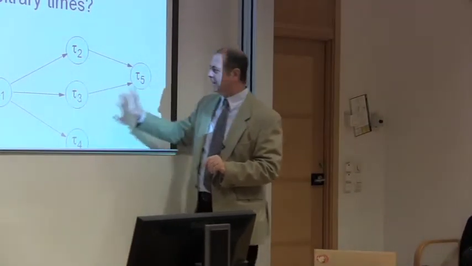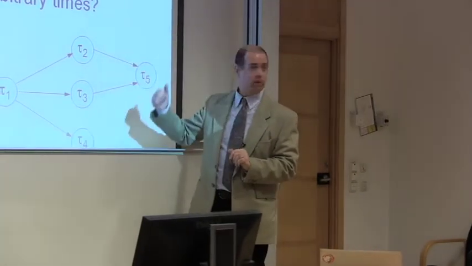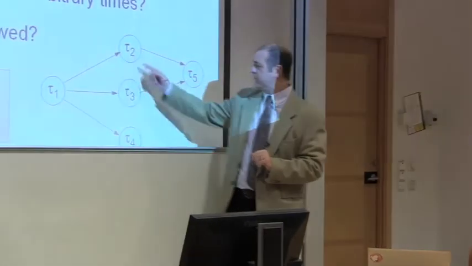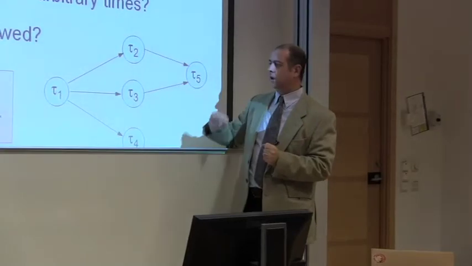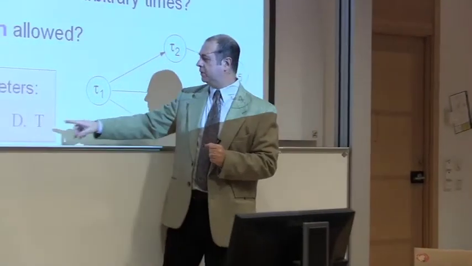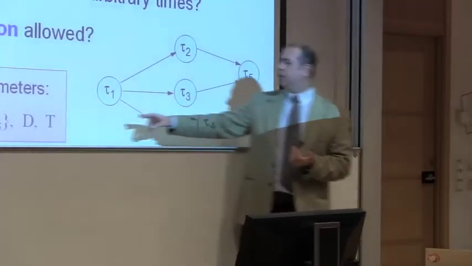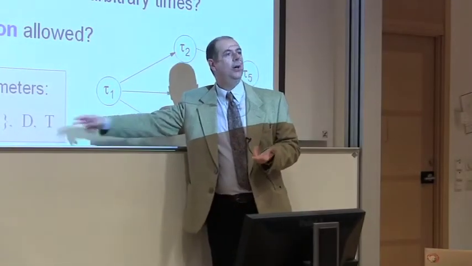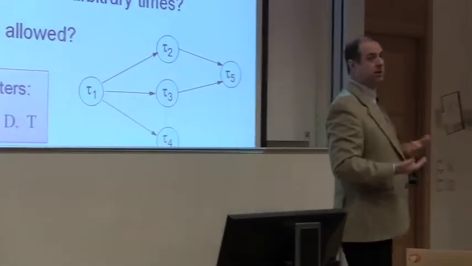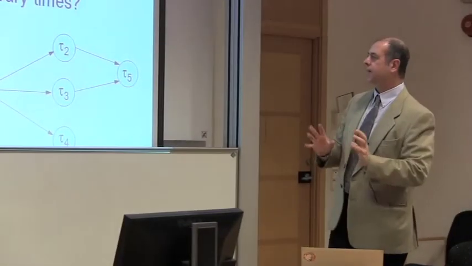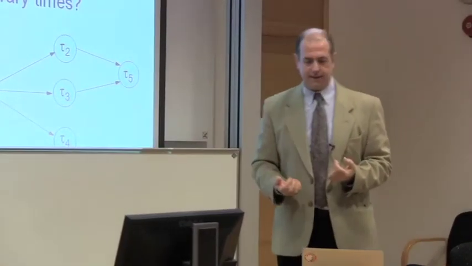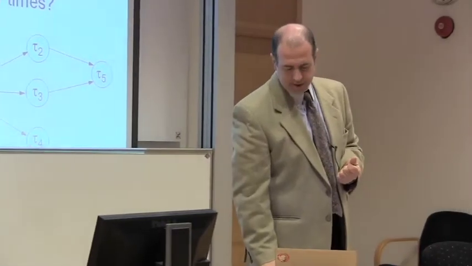So in order to guarantee some timing behavior, I need to know the computation time for each task of the application. I need to know a deadline for the entire application, and also if the application is periodic, I need to know the activation period. If I know these parameters, I can perform some analysis and try to guarantee timing constraints.